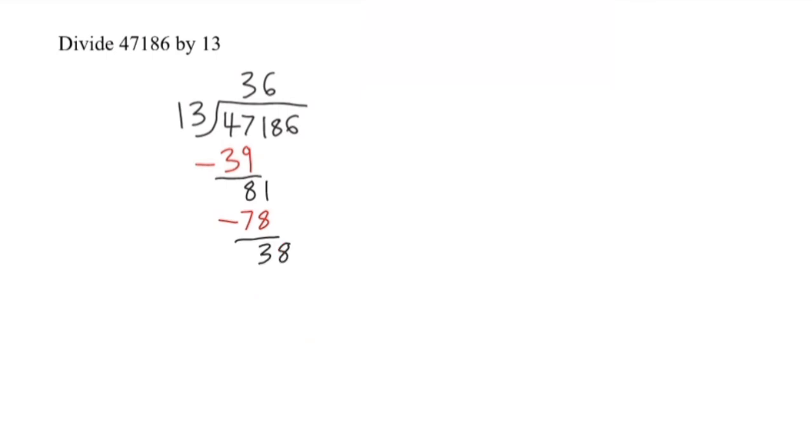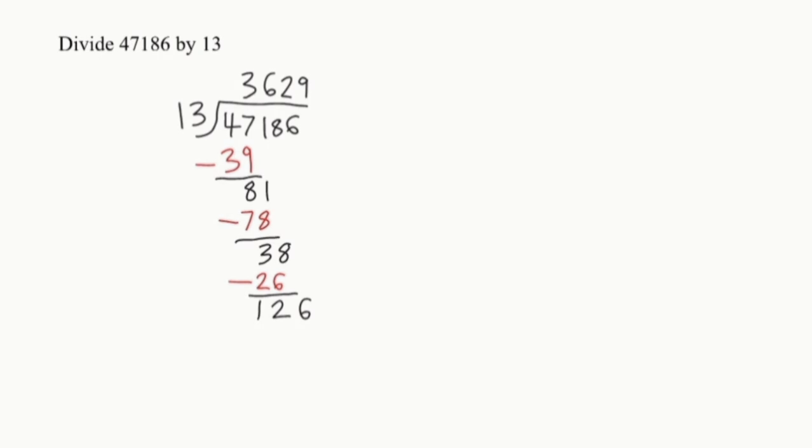Bring the next digit 8 down to get 38. Divide 38 by 13 to get 2 with the remainder of 12. Multiplying 2 by 13 gives us 26, so we subtract 26 from 38 to get 12. Bring the next digit down 6 to get 126. Divide 126 by 13 to get 9 with the remainder of 9.